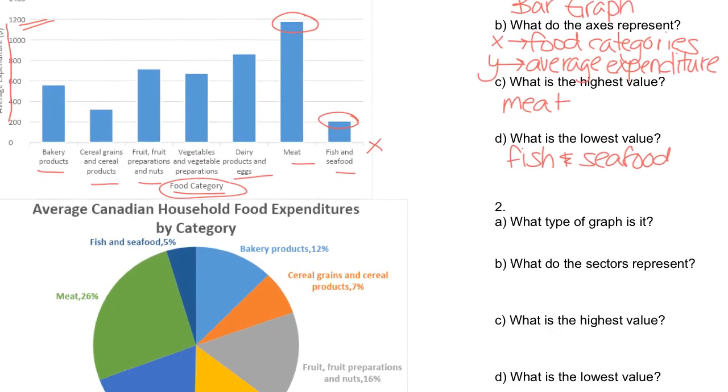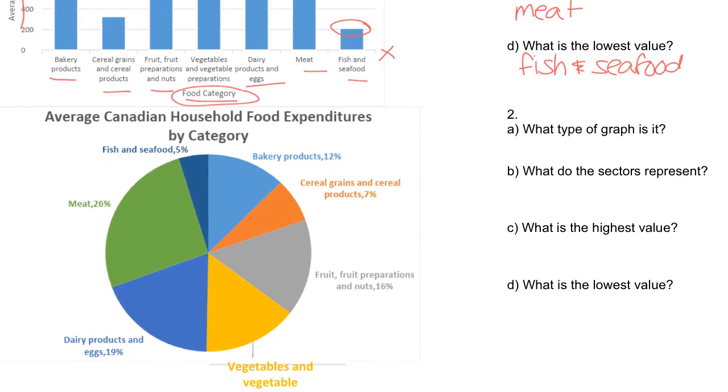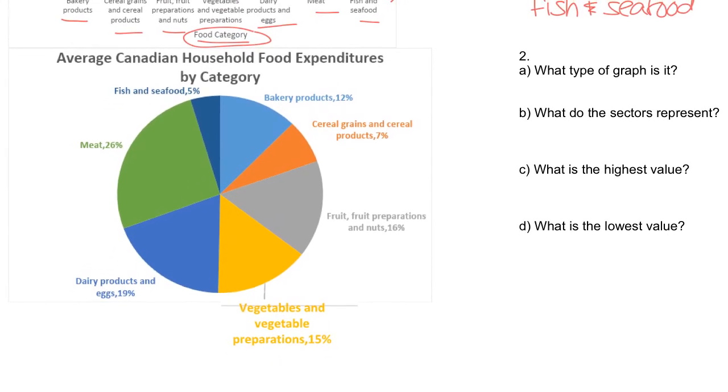So let's take a look at the next graph we have here. This is the same information. Let me just move it up a little bit more. There we go. Same information, but a different way to display it. So when we're looking at this graph, what type of graph is it? Obviously it's our pie chart.